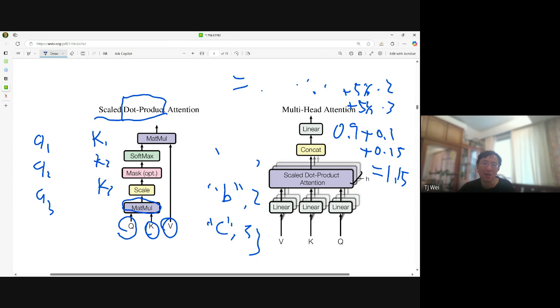The reason that we would write it as a multiplication is we consider this one as a matrix called Q, and this one as a matrix called K. So we can do a dot product of Q1 K1, Q1 K2, Q1 K3, and Q2 K1, Q2 K2, Q2 K3, Q3 K1, Q3 K2, Q3 K3. These are all 9 different dot products using one operation called Q transpose K.